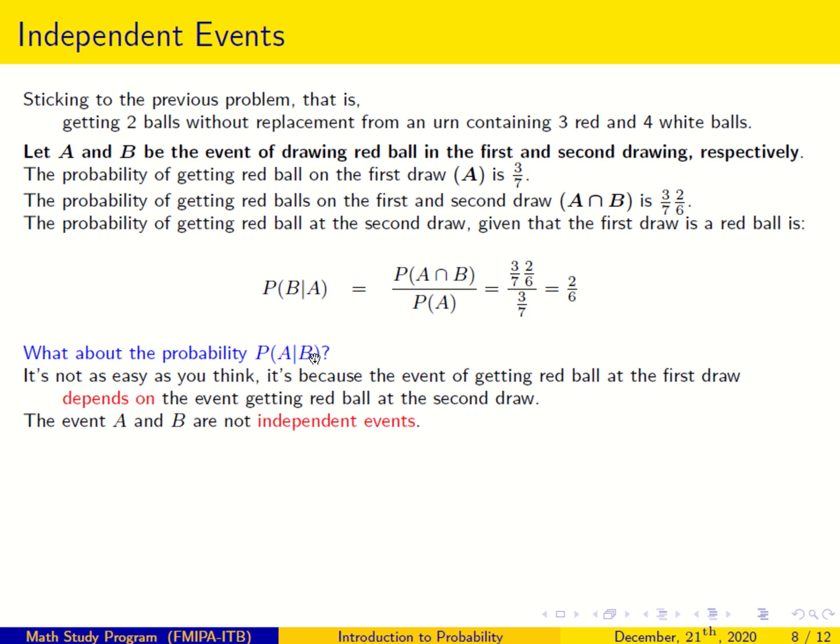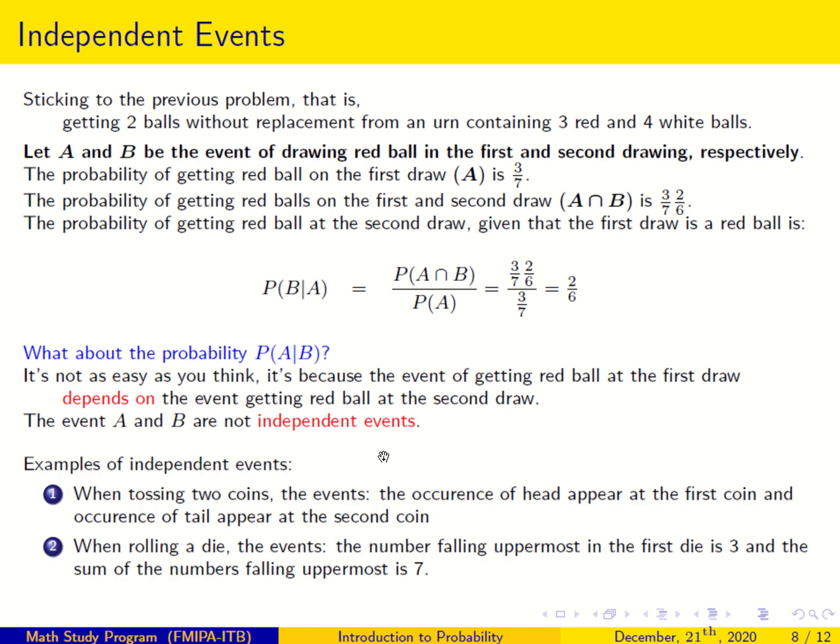It is not as easy as you think. It's because the event of getting a red ball on the first draw depends on the event of getting a red ball on the second draw. And the events A and B are called not independent events, because A depends on B and B depends on A.